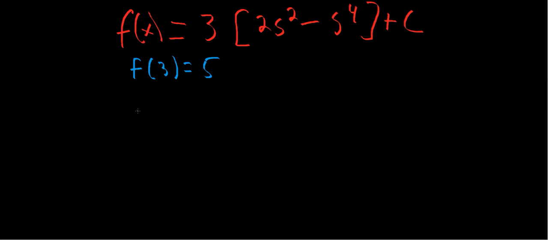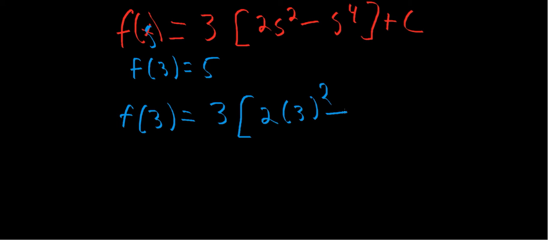So let's see what that looks like. F of 3 equals, let's plug our 3 in for all our s's. F of 3 equals 3 times 2 times 3 squared minus 3 to the 4th plus c, which equals 5.